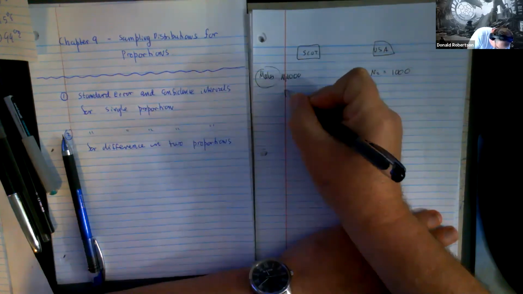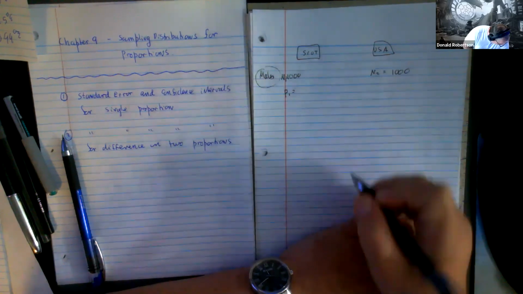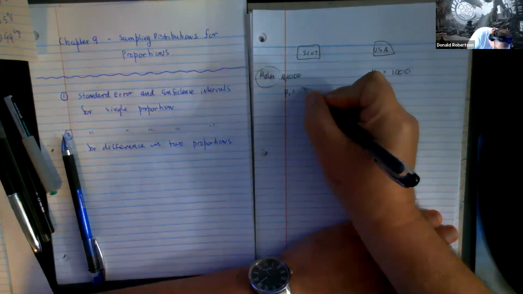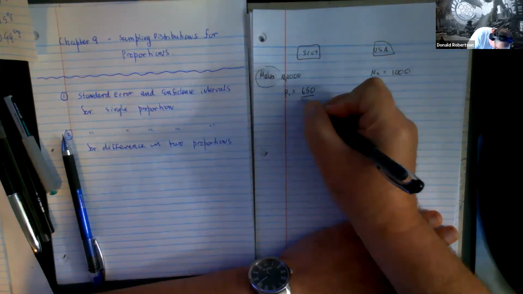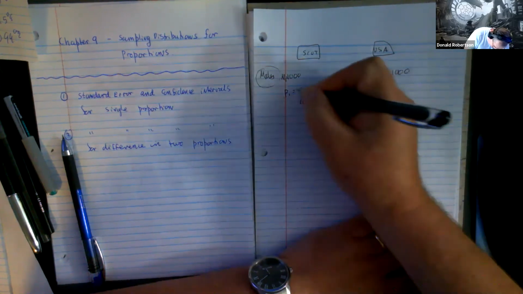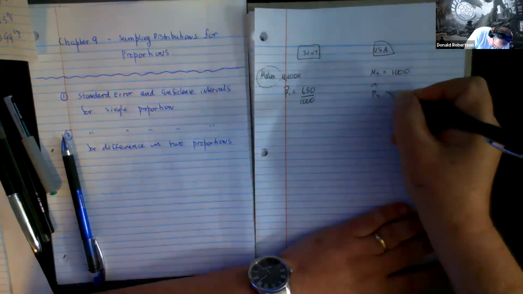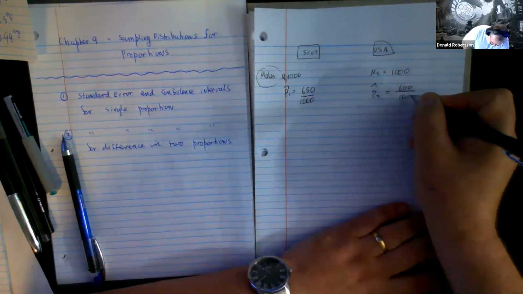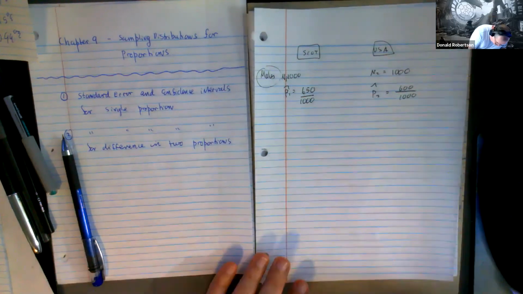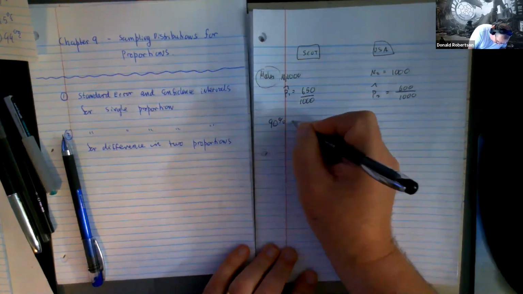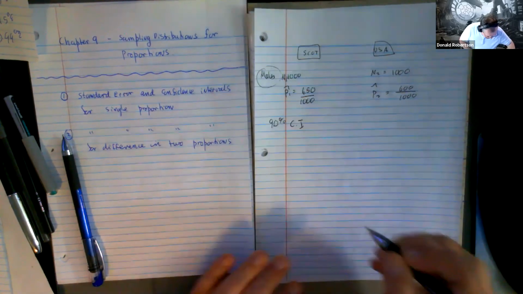And we asked how many of them were drunk in the last week. And in Scotland, it was 650. And in America, totally made up numbers, it was 600. And you are going to create a 95% confidence interval for it.